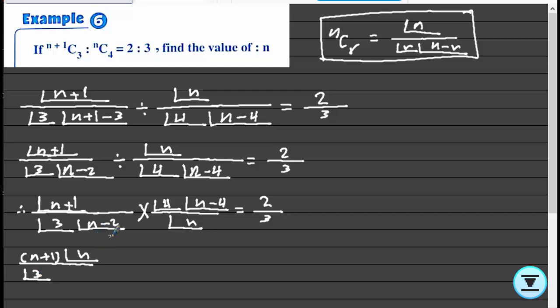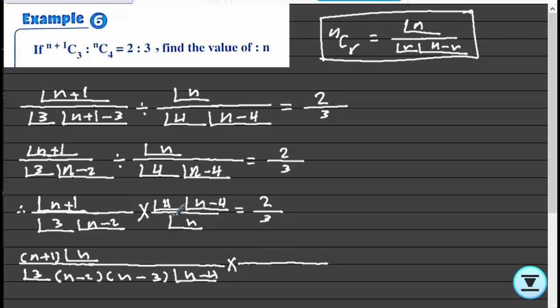Here we have factorial (n minus 2), it is (n minus 2) multiplied by (n minus 3) factorial (n minus 4), multiplied by factorial 4, it is 4 multiplied by factorial 3. So we have factorial (n minus 4) without any change here, over factorial n, equals 2/3.